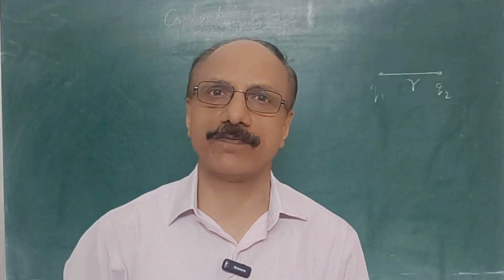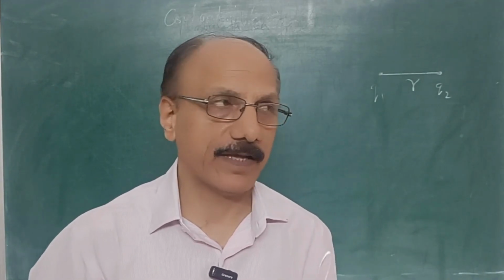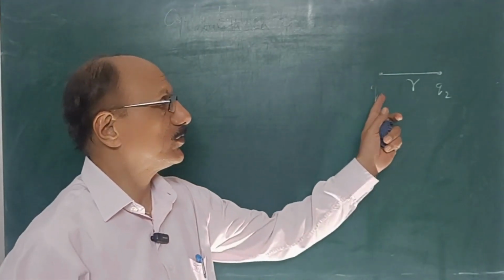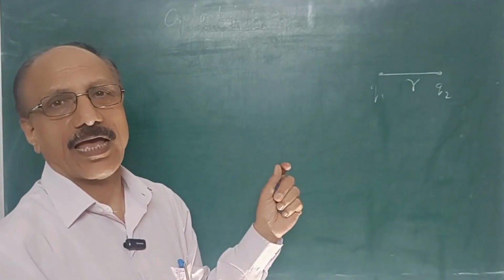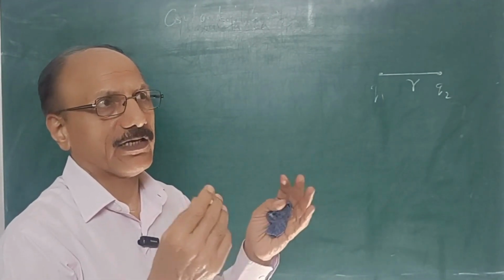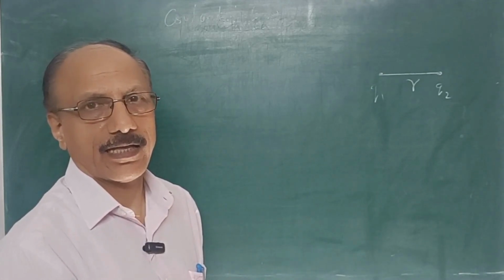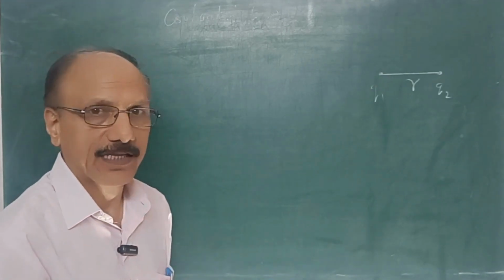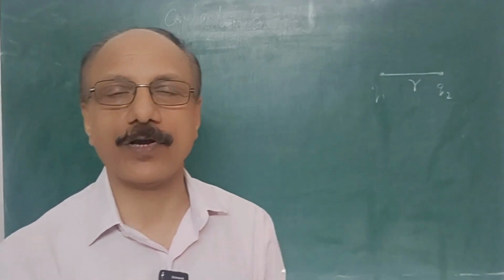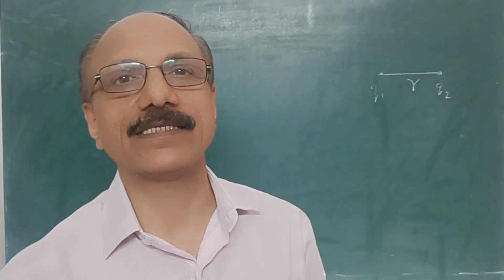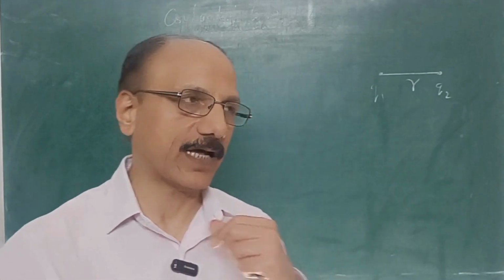And what is the need of being a point charge? Point charges are those which have a size very small, so that the geometrical center of the body can be considered as the center of the charge.